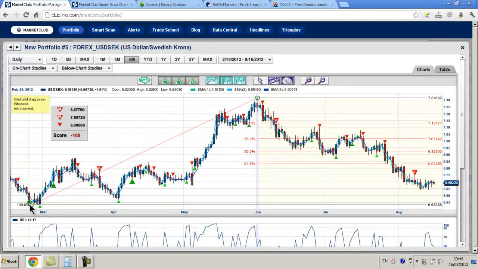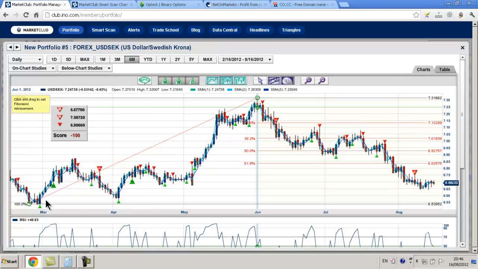So that's more likely over here. Okay, so it's made it there, and that's the lowest point. So it's still on the way down. It's still got a lot of way to go down to that low of March. It hasn't retraced yet. Still on a downward trend. So that's a good sign.